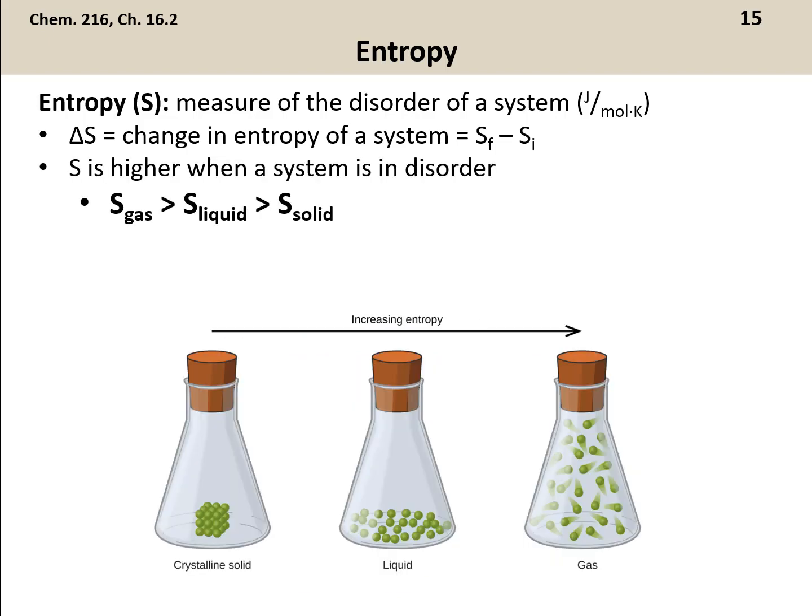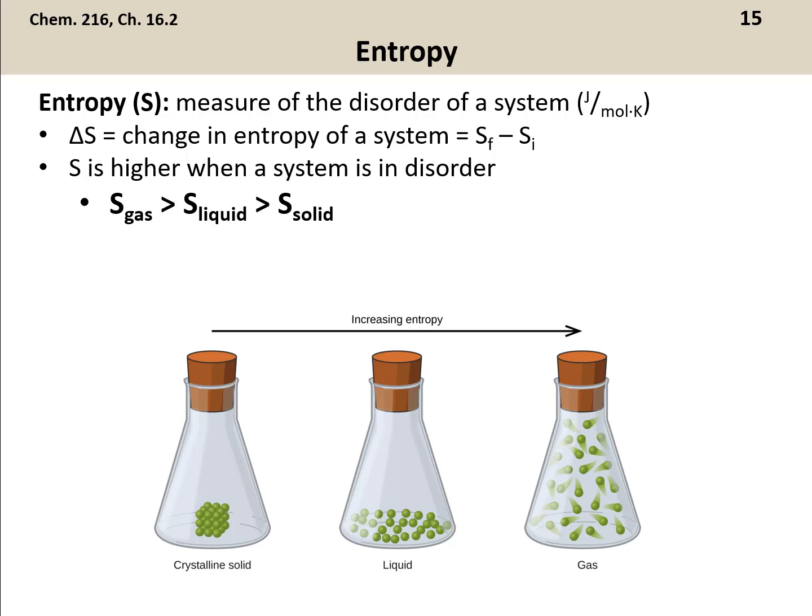All right, so let's go and let's talk about some chemical reactions. Okay, so S is higher when a system is in disorder. So if I look at these three cases, a solid, a liquid, and a gas, okay, the solid, everything's very organized. The liquid, it becomes a little more disorganized. And then for the gas, those gas particles are moving all over the place. So this has a high level of disorder.